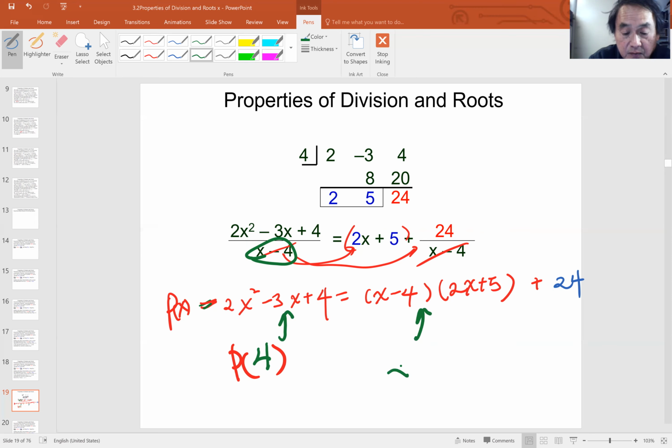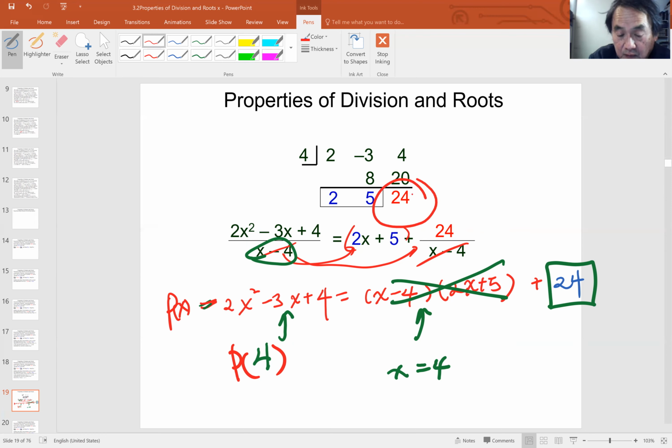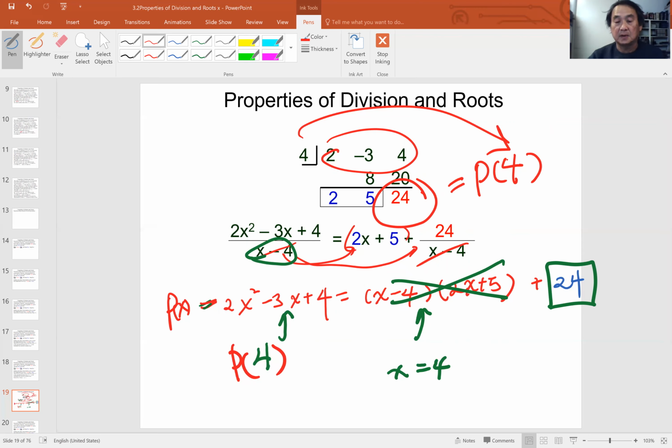That's the same thing as plugging x equal to 4 on this side. If I plug in x equal to 4 on that side, this term disappears because x minus 4 is 0. What's left is 24.